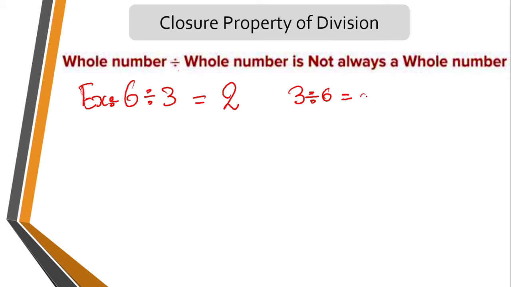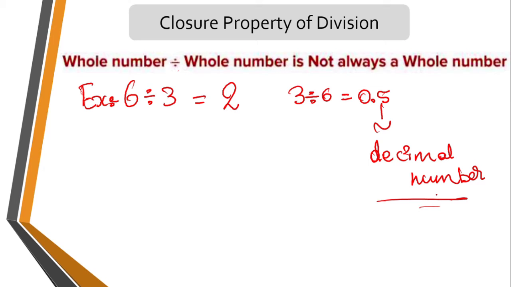The answer is 0.5, and 0.5 is a decimal number. However, decimal numbers cannot be considered as whole numbers, right? So we can say that closure property does not hold true for division.